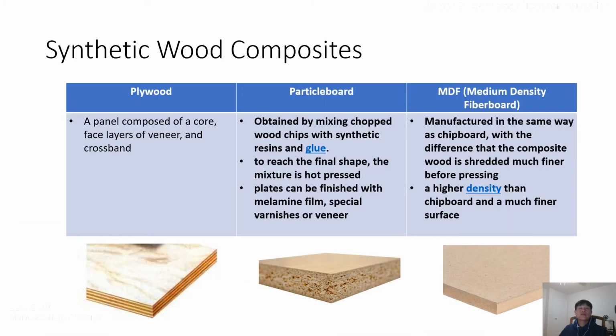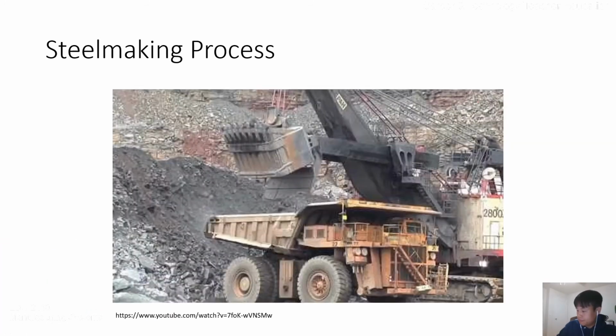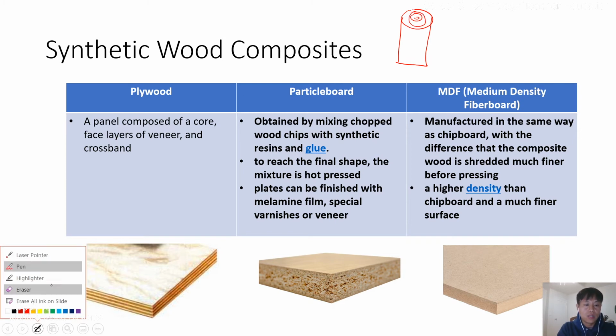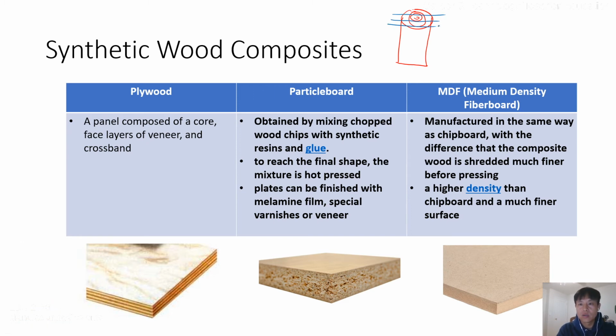And then there are a number of synthetic wood composites. So this is not natural wood. Once we produce wood from a log, let's say this is a wood log, this is the pattern, and in the sawmill we cut the lumber this way, this way.